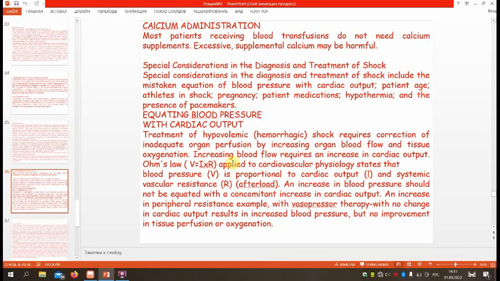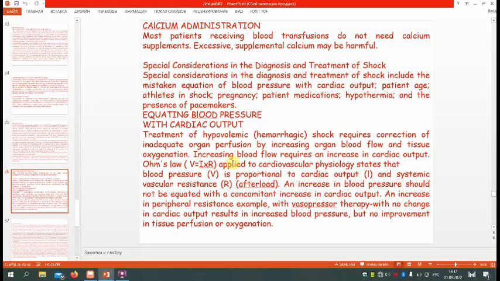Treatment of hypovolemic or hemorrhagic shock requires correction of inadequate organ perfusion by increasing organ blood flow and tissue oxygenation. Increasing blood flow requires an increase in cardiac output. Ohm's law applied to cardiovascular physiology states that blood pressure is proportional to cardiac output and systemic vascular resistance.